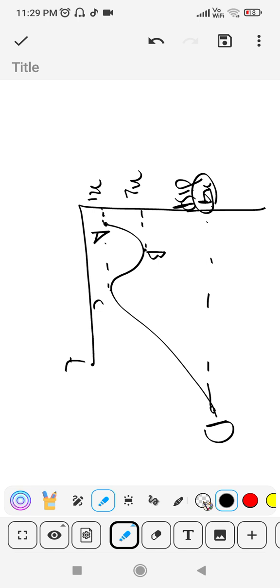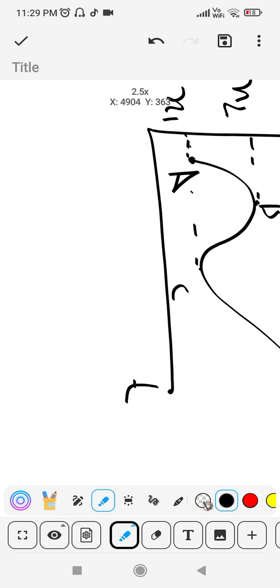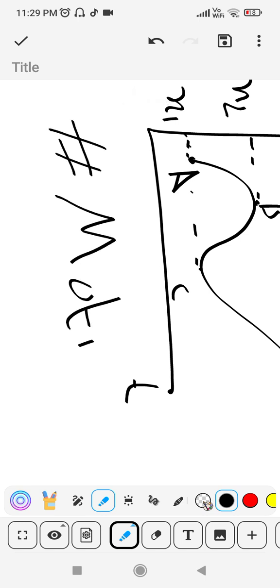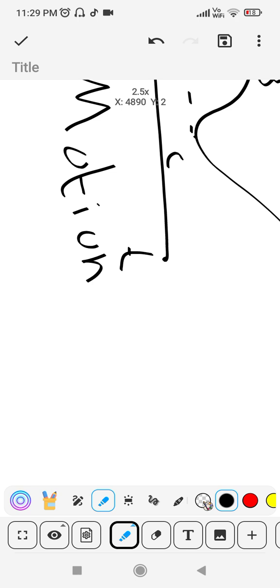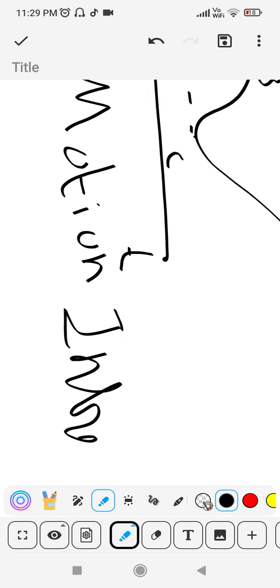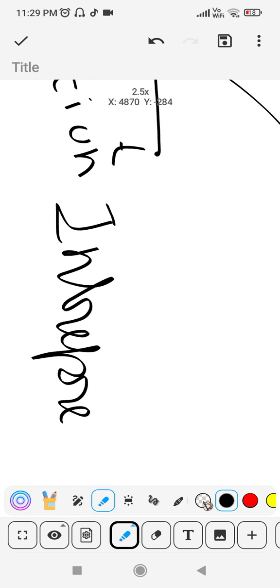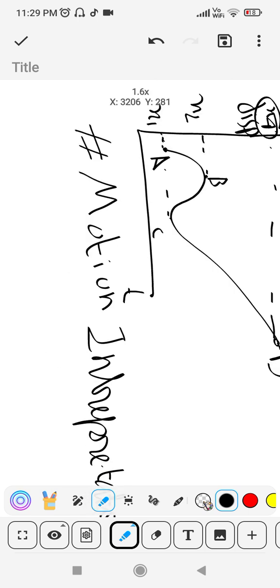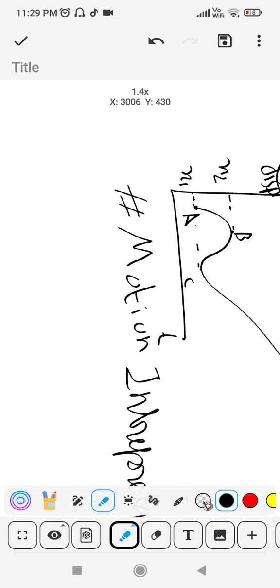Okay, we will do motion interpretation. If we see, the object starts from x1 and goes to x2, then it comes back to x1.